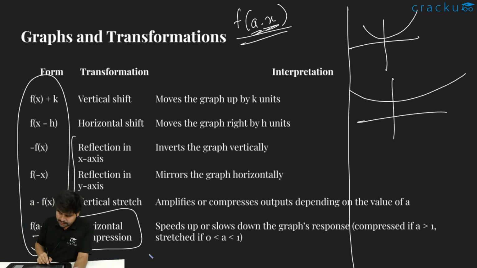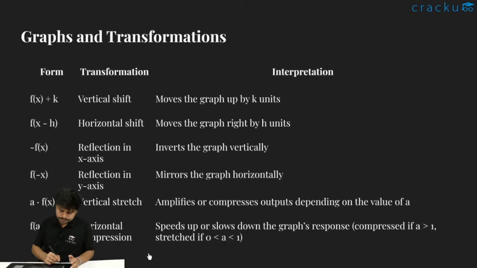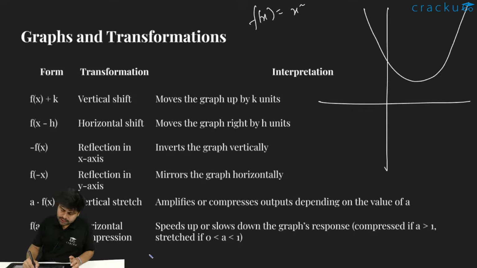What happens is, it speeds up or slows down the graph's response, compressed if a is greater than 0 and less than 1. Consider this is the graph. Consider you are defining it as f of x equals x square. If you multiply it by a x, what will happen?